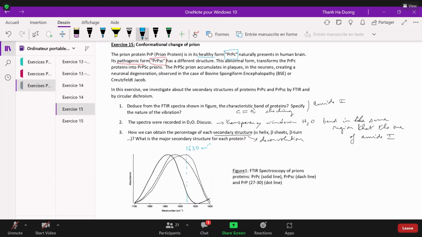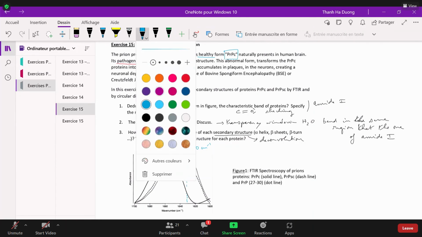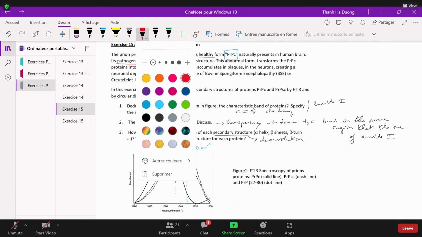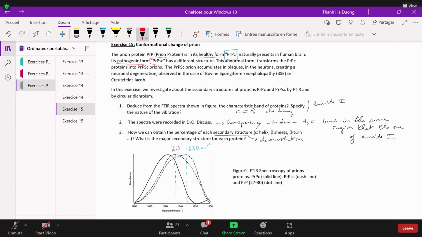For the dashed line here, I pick another color, it's around 1650. And the last one, this solid one, is 1660.